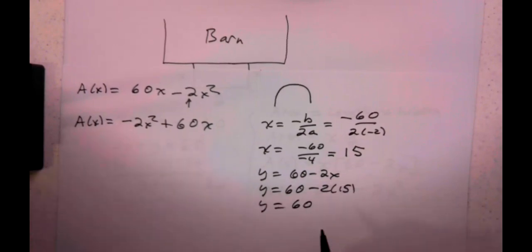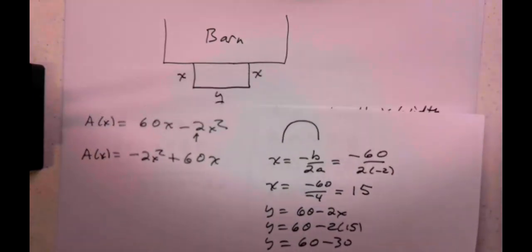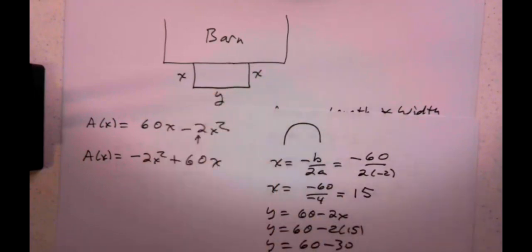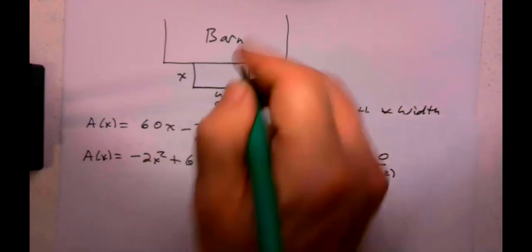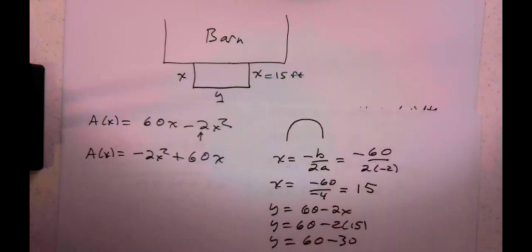Y is 60 minus 30. So Y in this case is 30. So the picture that we need, we have our barn picture here, the X is 15 feet and the Y is 30 feet.